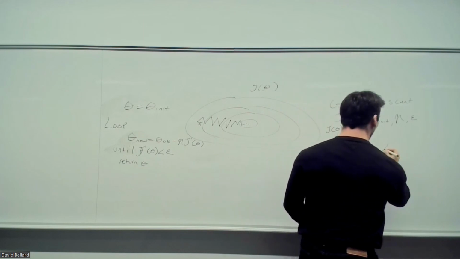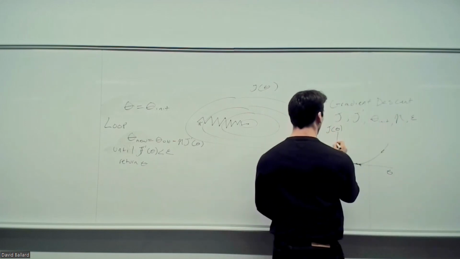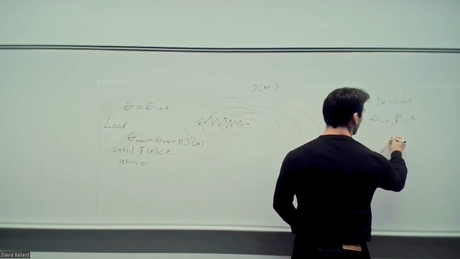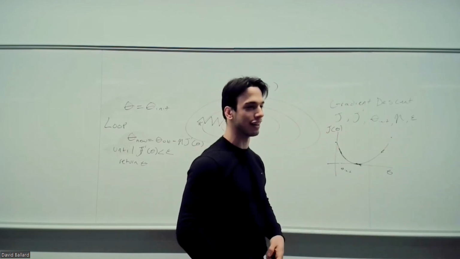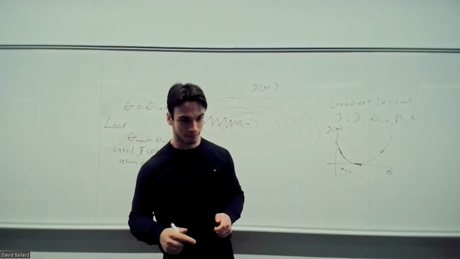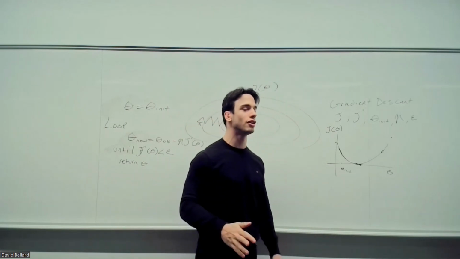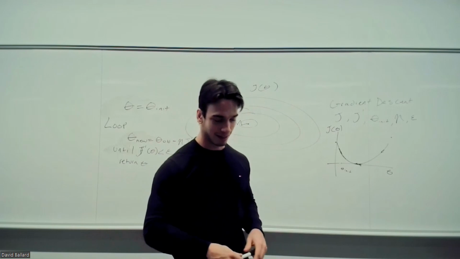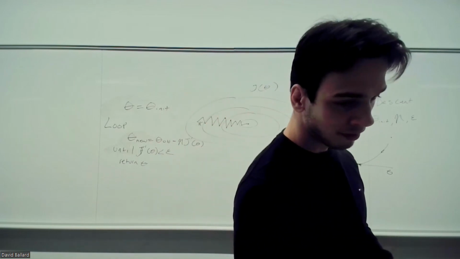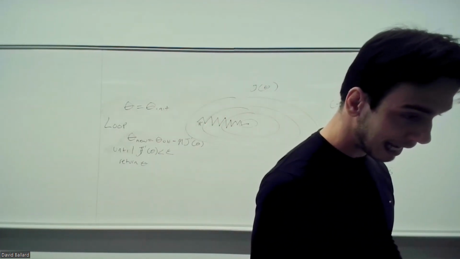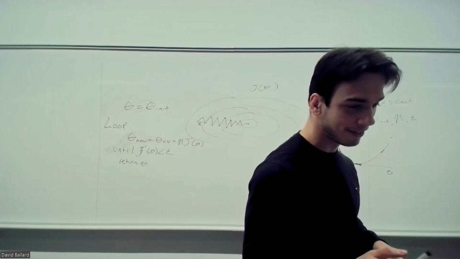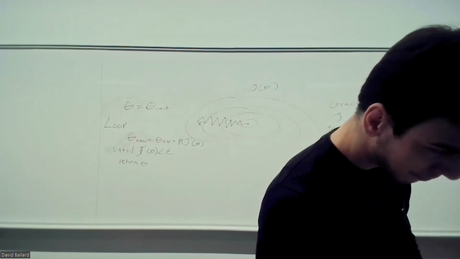Now I'm here. I'm like, oh, I have to go back. I'll overshoot again. And I'll overshoot again. And I could go to infinity or NaN. So if your step size is too large, you overshoot your minimum or your optimum. And if it's too small, it'll take way too long to reach there.